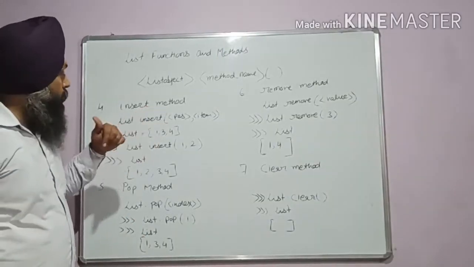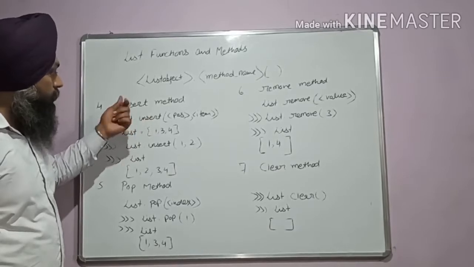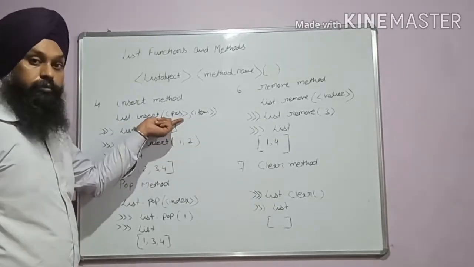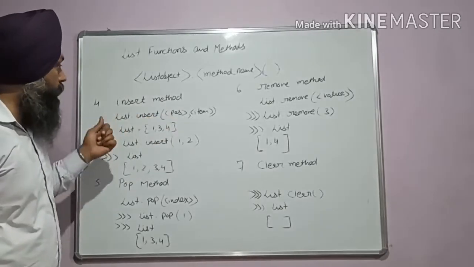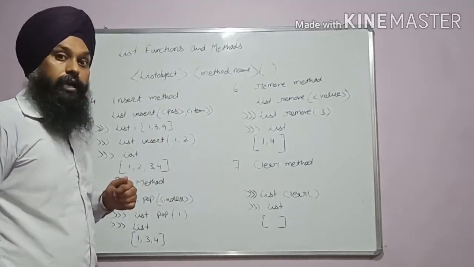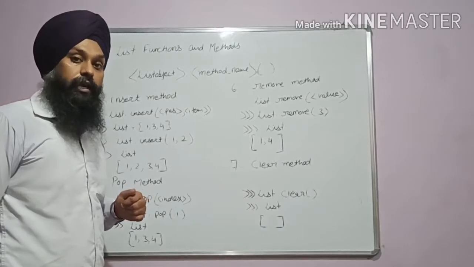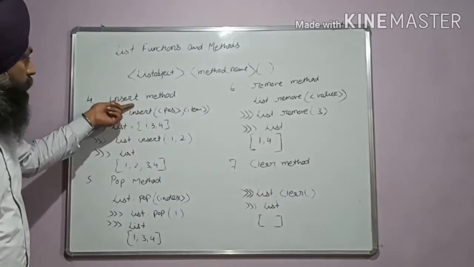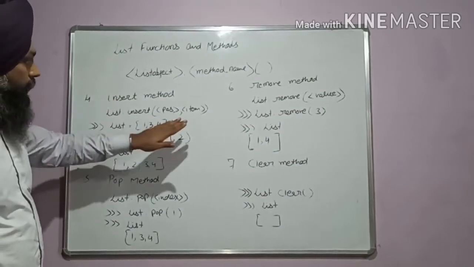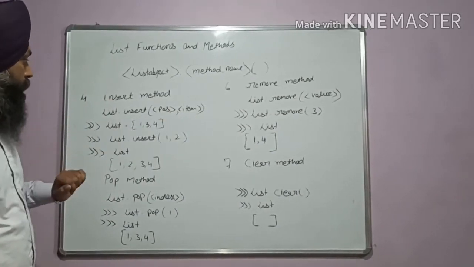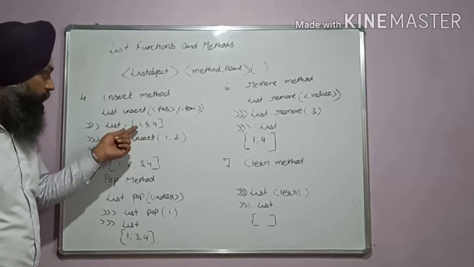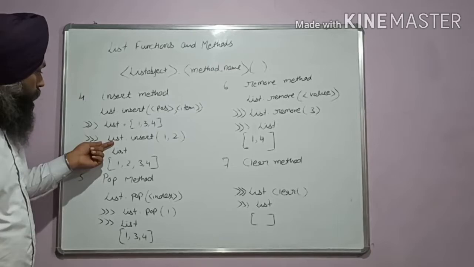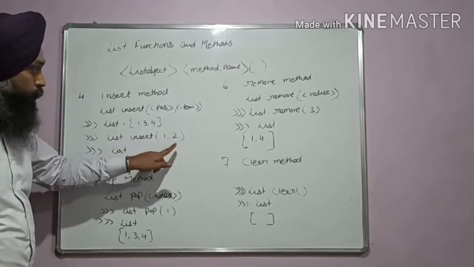Insert method. With the help of the insert method, we can add any element at any position. Earlier, in the case of the append and extend methods, we could insert elements only at the end of the list. But with the insert method, we can insert any element at any position. Suppose we have the list having elements 1, 3 and 4, and we want to insert the element 2.